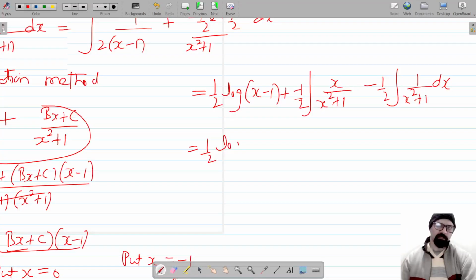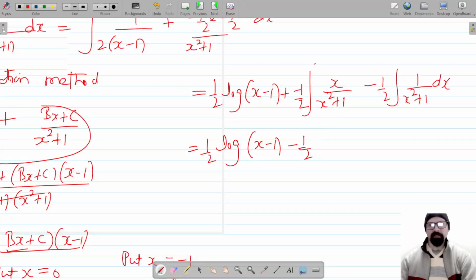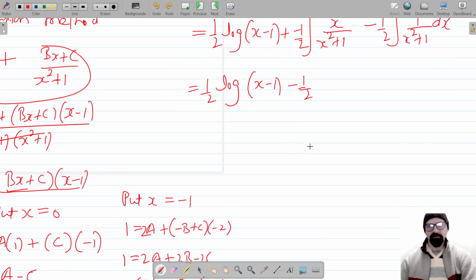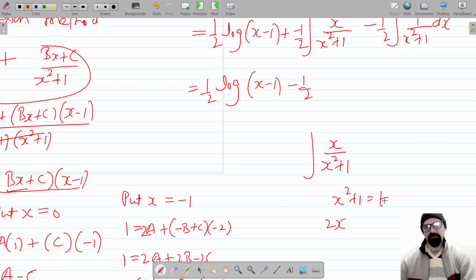So half into log of x minus 1. This is negative half. If I have to integrate this, let me integrate it using the substitution method. Let me substitute x squared plus 1 with t, which gives me, differentiating, 2x into dx is equal to dt, and x into dx becomes dt by 2.